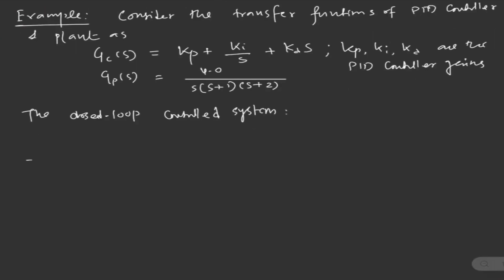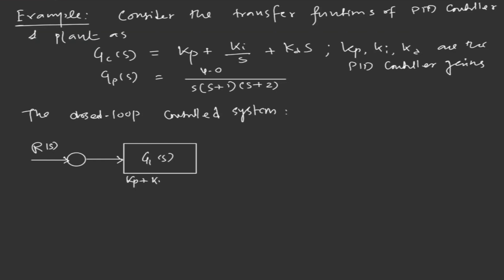We have the reference signal to be tracked or regulated. This is my PID controller Gc(s), which is Kp plus Ki/s plus Kd s.